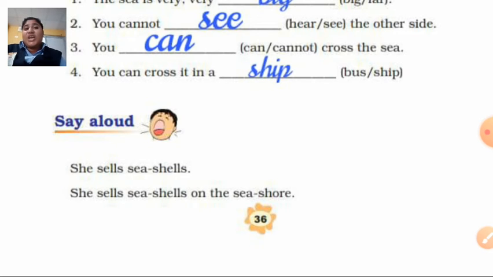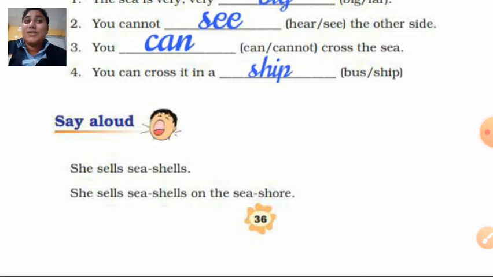She sells seashells on the seashore. Can you say that? You know how difficult it was for me to say it? Seashells, no. She sells, she shells, she sells, she shells on the seashore.